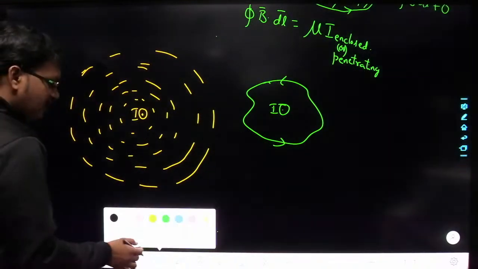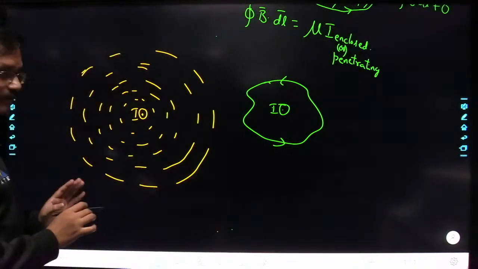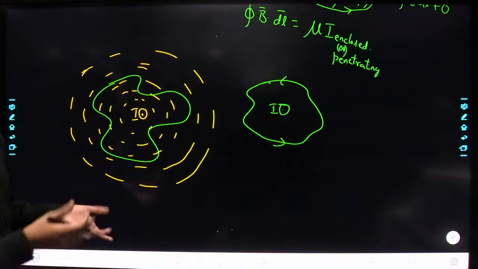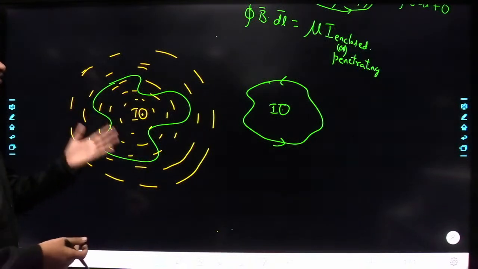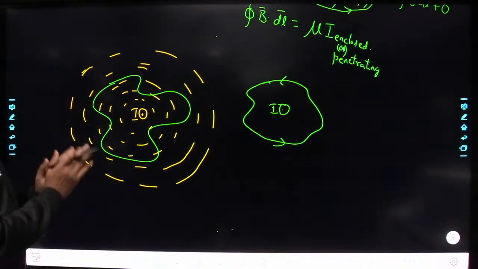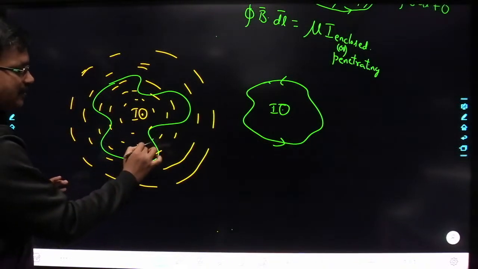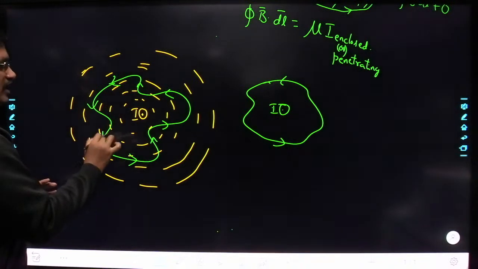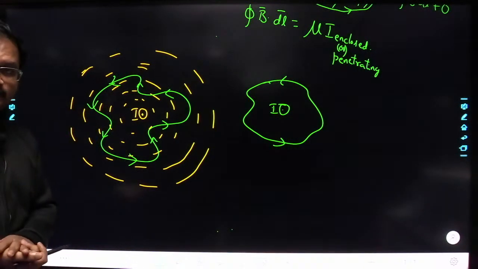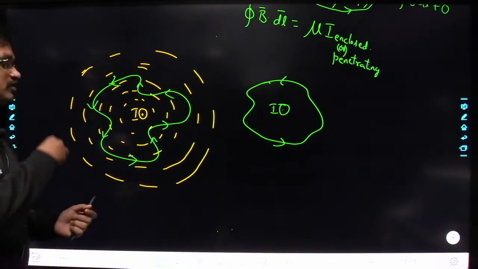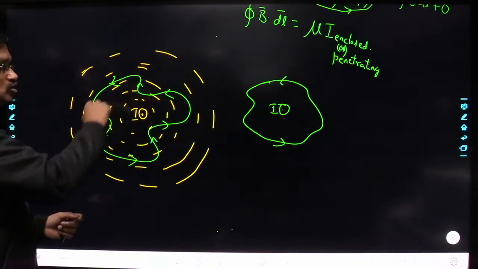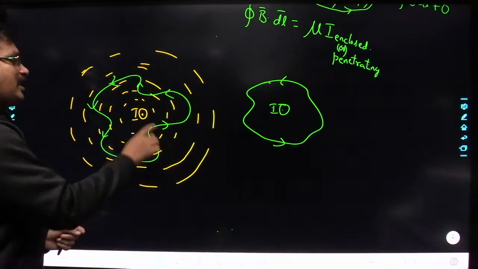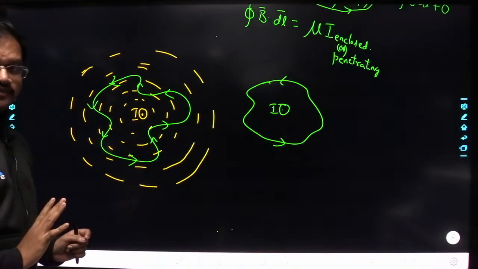Okay, so now if I want to determine the circulation of B field, I am considering some arbitrary shaped closed loop. If I want to determine how much of the B field is aligned around this closed loop, that is equivalent to mu times the current enclosed by this closed loop, understood?